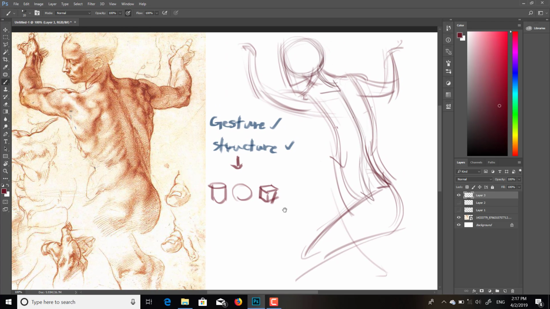Okay. So here we got the neck. Neck is a cylinder shape and is twisted.